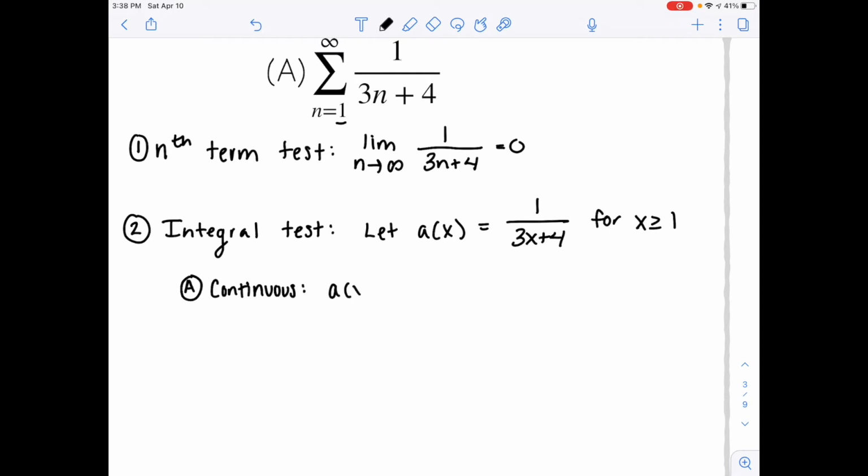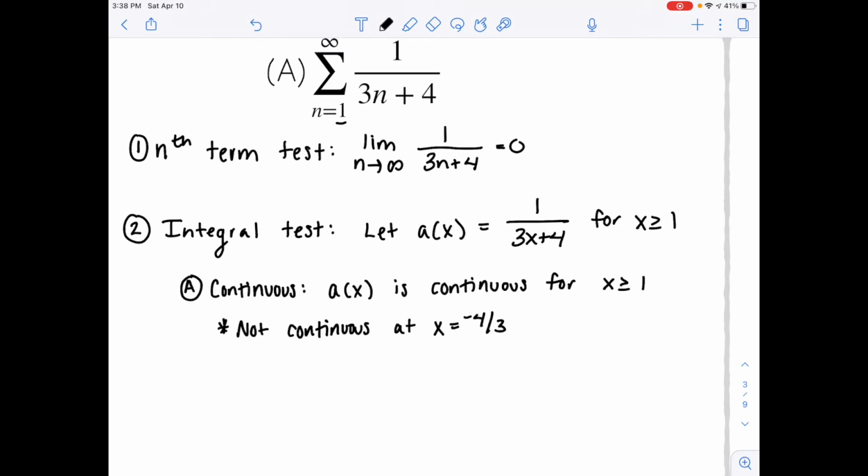So a of x is going to be continuous for all x greater than or equal to 1. If we wanted to be really specific, it's not continuous because there's a vertical asymptote at x equaling negative 4/3, but that's not in the domain, so we don't need to worry about that.